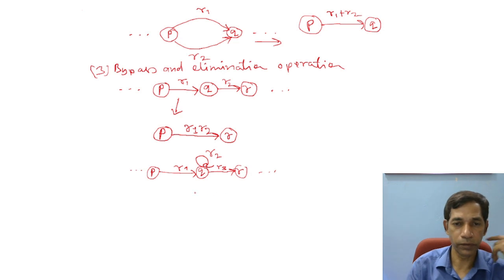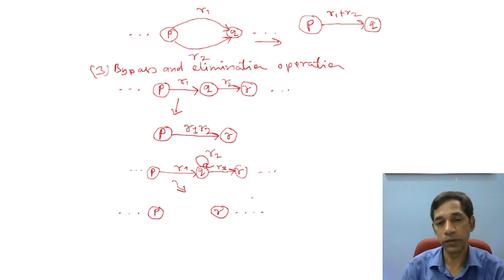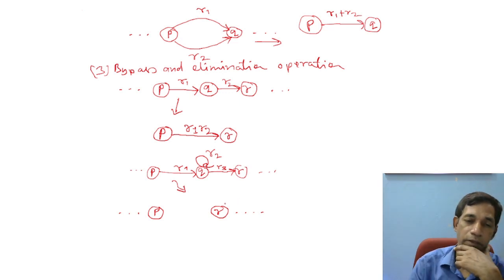So how can you bypass the state Q, how can you eliminate the state Q? For eliminating the state Q, you have the situation like this: P and R. Once you are going to eliminate some state, you have to ensure that the paths are not disturbed.